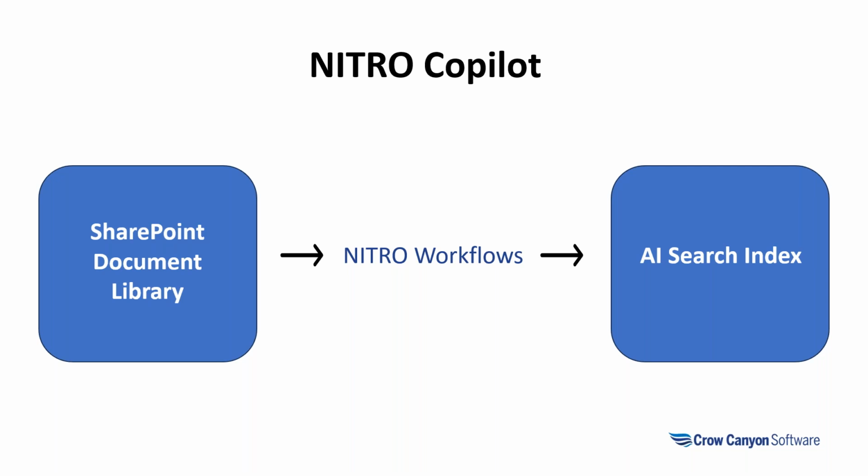So it's important to realize that you can have as many documents in here as you want, but the NITRO workflows control what is put up to the search index. So you can put it in draft mode and all that. Now, the other point of a document library is that document management is a lot easier than doing the governance that's required when you use an open data set. You can set the permissions.